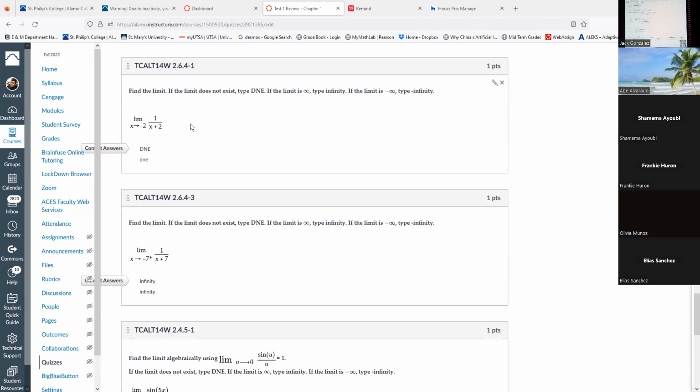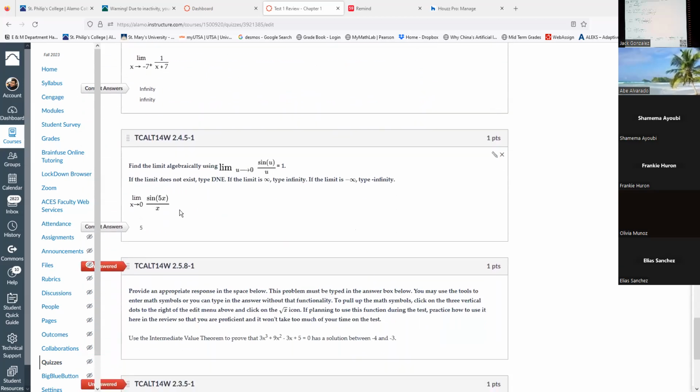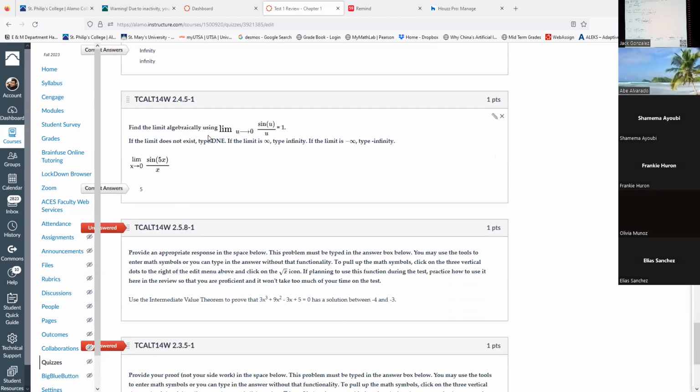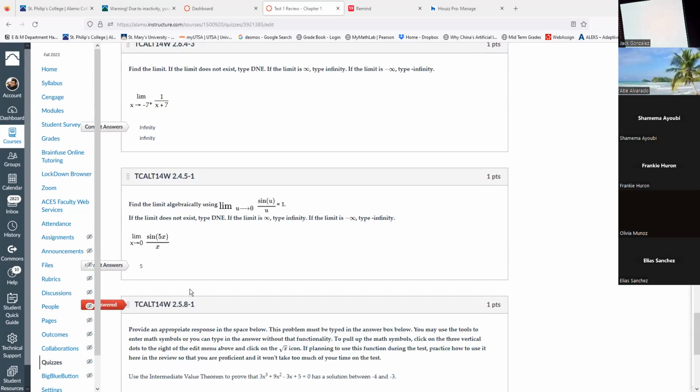This is the same type of deal, so we'll move on to this one. Here I give you the formula. Remember we talked about this. If they match and it's going to 0, the limit will be 1, right? I don't know what number that is. That was 10, excuse me, 11, 12, 13.